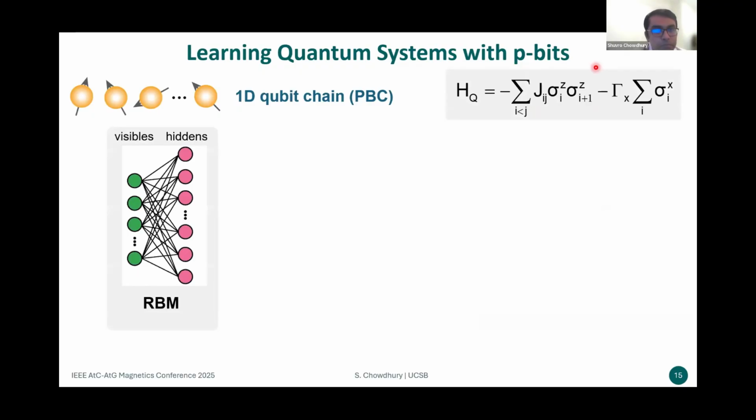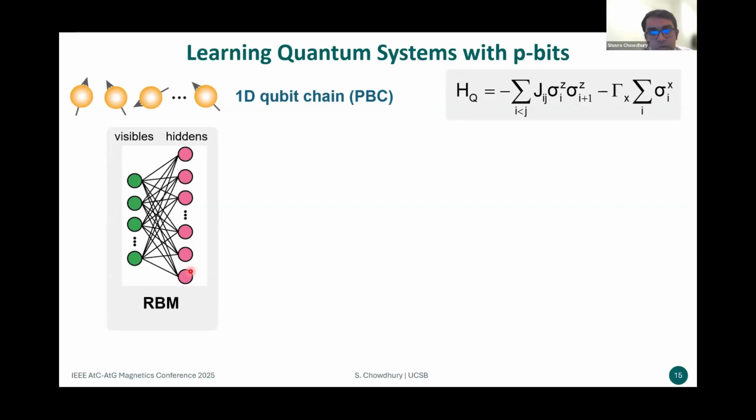So usually people will use a machine learning model, which is a restricted Boltzmann machine. They will have a layer of visible nodes and a hidden layer, and they will use this model to learn the ground state of the system.